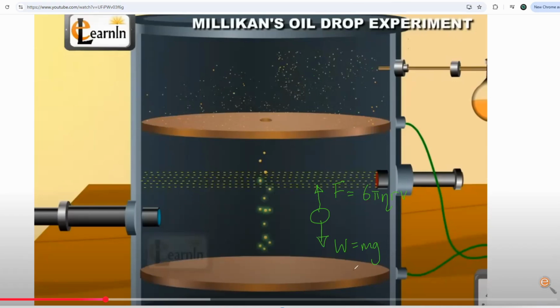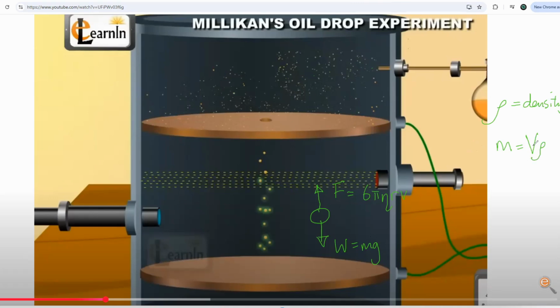Now, we also know the density of the oil. If you know the density of the oil, then the mass of the particle is going to be the volume times the density.